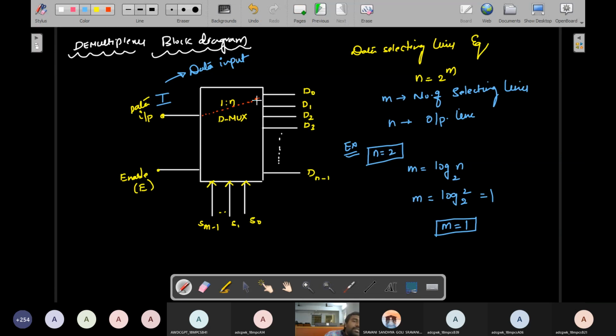Now I explain the first example, the 1:2 multiplexer. After that we move to 1:4, and after that 1:8. First, the 1:2 demultiplexer.